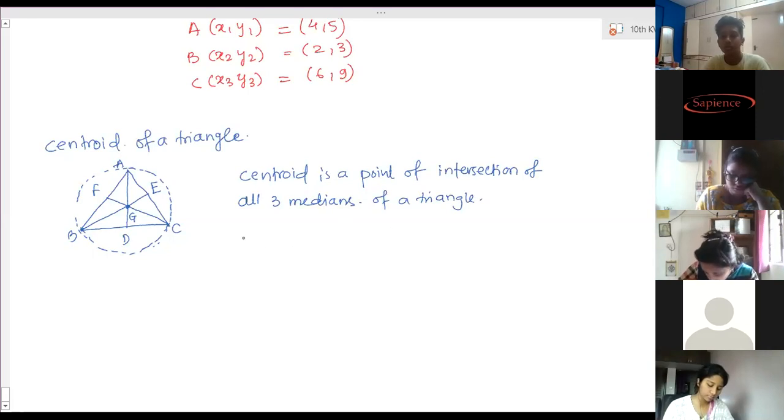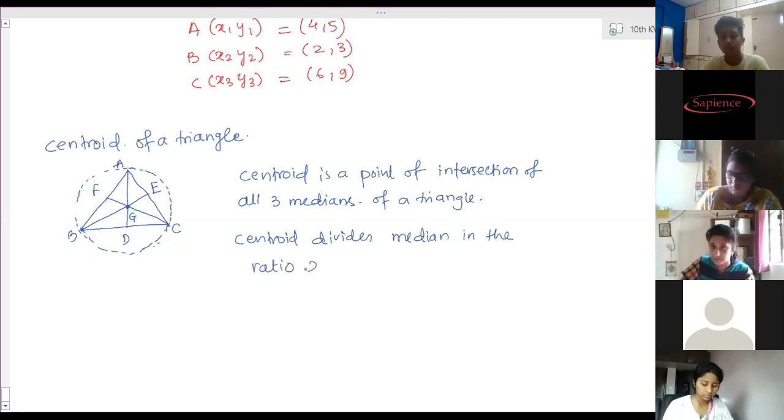And the property is, centroid divides median in the ratio 2:1 always.